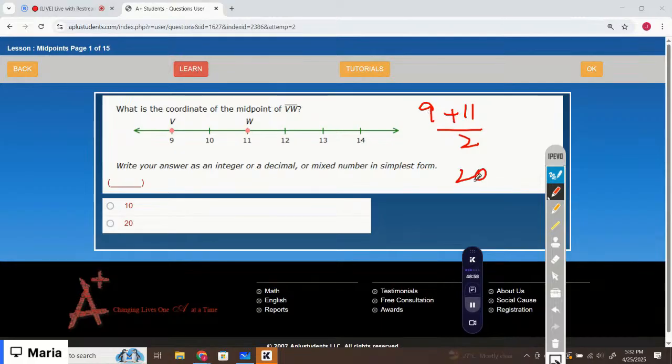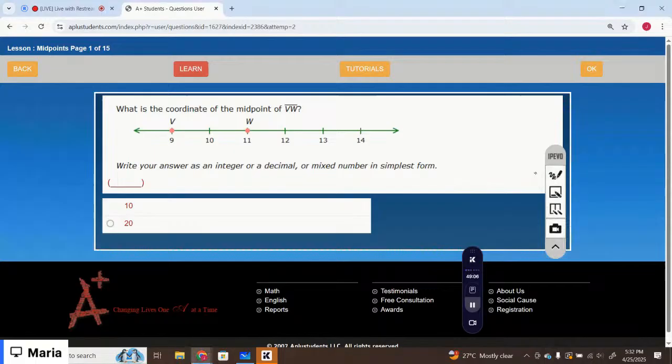Eleven plus 9 is 20 and 20 divided by 2 is 10. So option number 1 is the correct option.